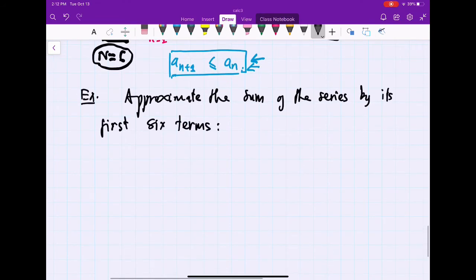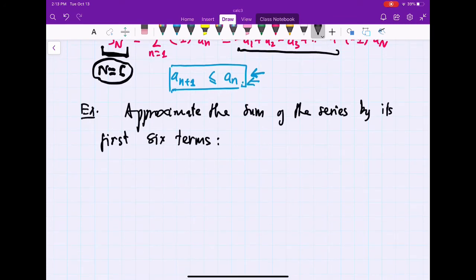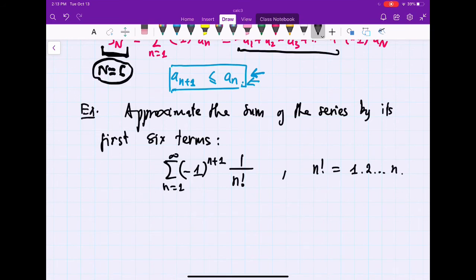So I can find S6. Firstly, okay, I don't have the series yet, sorry for that. So my series is the sum of negative 1 to the n plus 1, times 1 over n factorial, n from 1 to infinity. Remember that n factorial is the product of the first n integers.